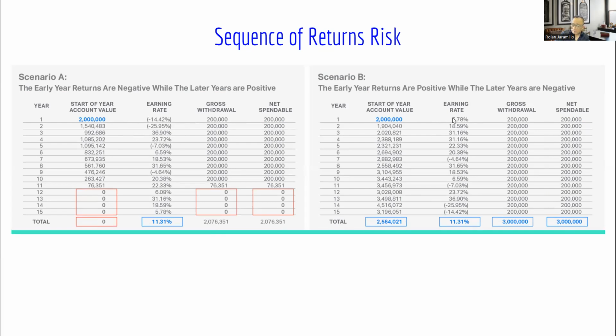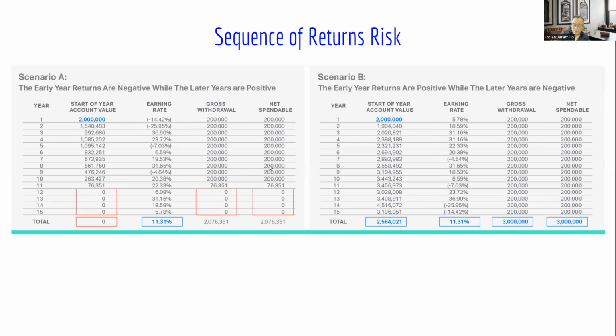Looking at that scenario versus this scenario here where the market did not dip, if you'll notice, going all the way through year 15, you still have 2.5 mil left, even though you took 3 million in distributions over the 15-year period. In this scenario, year 12, you're out of money. Now, all of a sudden, the sequence of return matters.